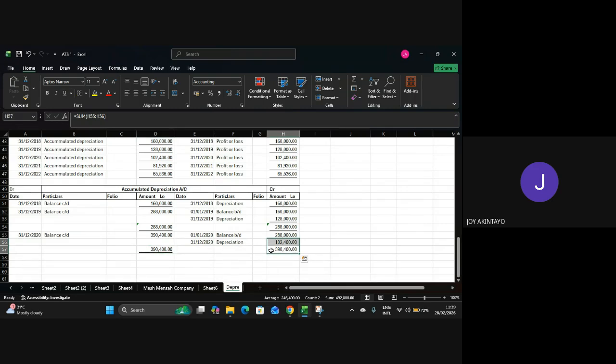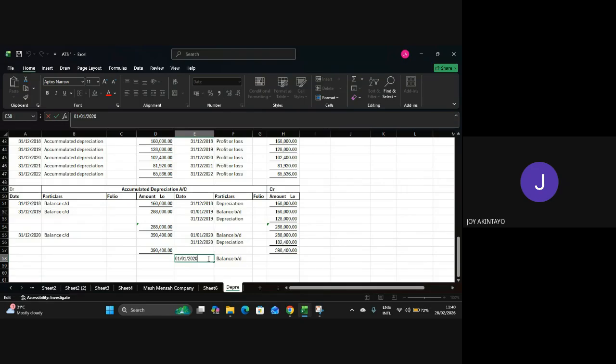Are we together? So your balance brought down will be here. 2021. Then we have this. So what is the depreciation value for the coming year, for 2021?